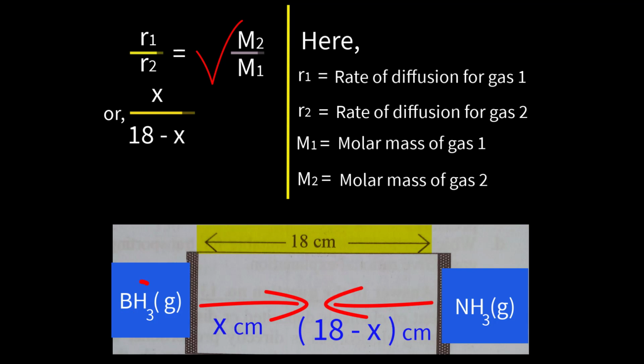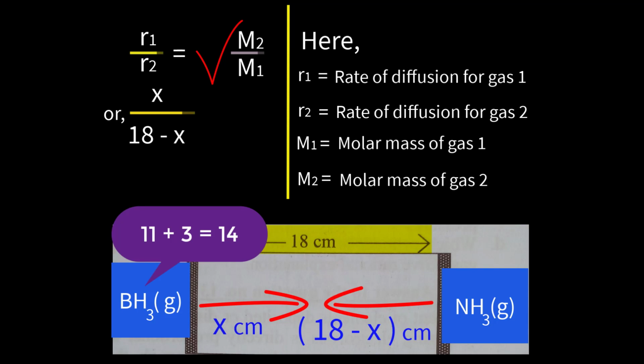Atomic mass of one hydrogen is 1. Therefore, atomic mass of 3 hydrogen is 1 times 3, that means 3. So, molecular mass of BH3 will be 11 plus 3, that is 14. That means the value of M1 will be 14.